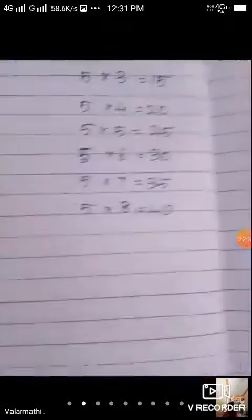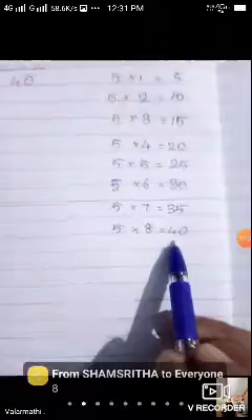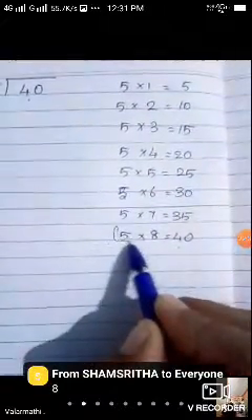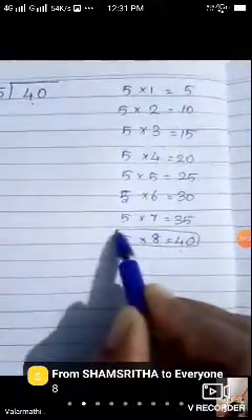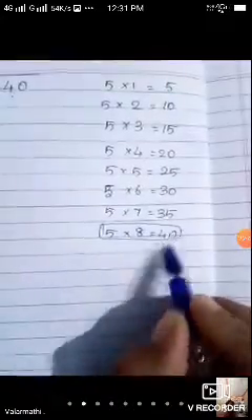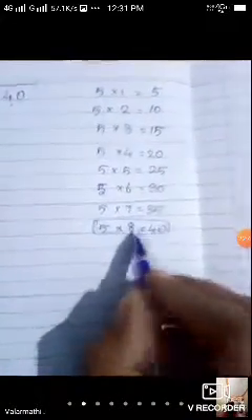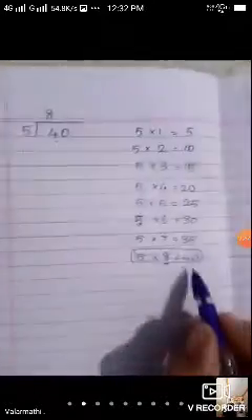We need 40 or less than 40. So we got 40. So we can stop. How many times 5 is giving 40? 8 times. So this we have to write in the quotient. This answer, the 40, we have to write here in minus.